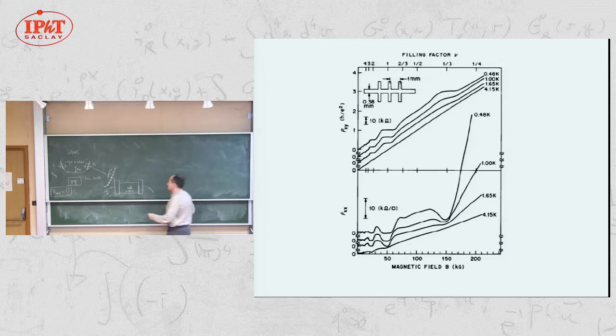If I look at these edges, there is the top edge, which is flowing, let's say, to the right, and then the bottom edge is flowing to the left. In this picture, the chemical potential of the top edge is the chemical potential of the left reservoir, while the chemical potential of the left-moving bottom edge is mu right, the chemical potential of the right reservoir.